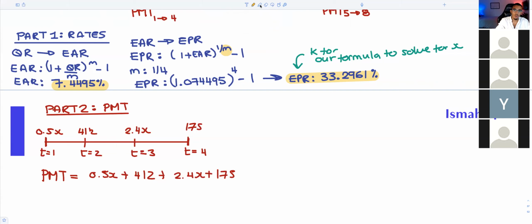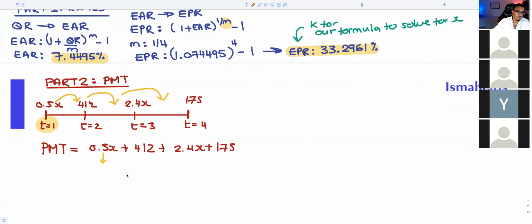So within our grouped payment, this means that our payment at T1 would have incurred interest for 3 years. So technically, this payment that we have would be equal to 0.5 times 1.074495 to the power of 3.